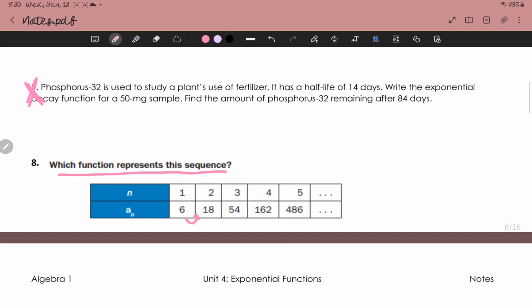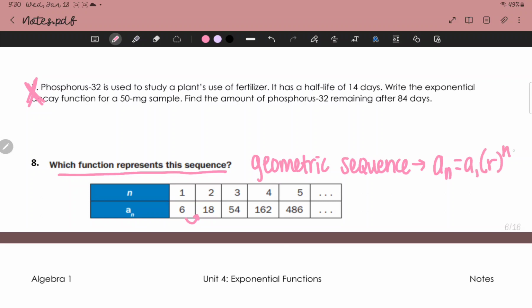The formula for a geometric sequence is a_n equals a_1 times the ratio to the n minus 1, where a_1 is your first term, r is the ratio, and n is whatever number you're trying to find. So that will help you with number 8.